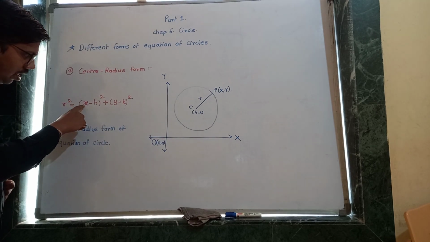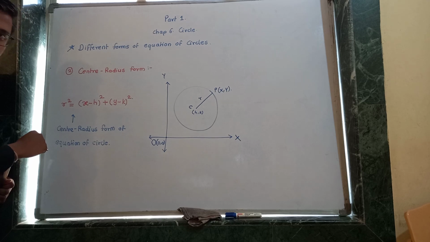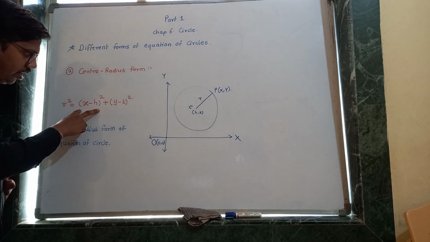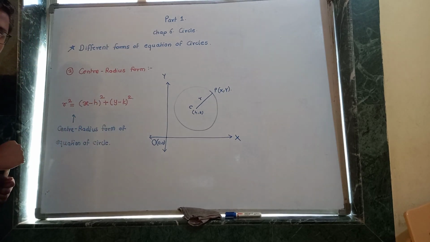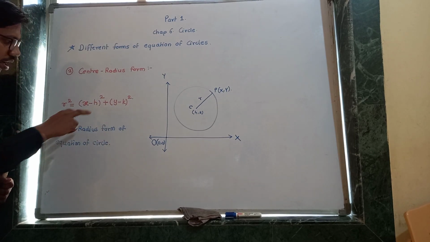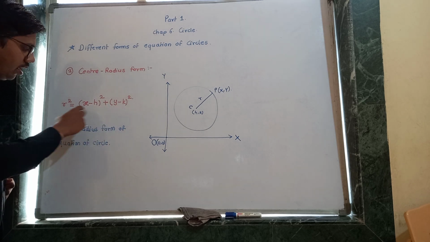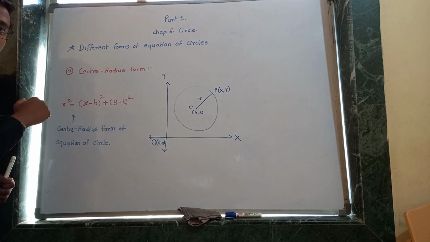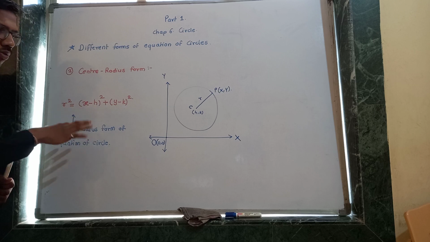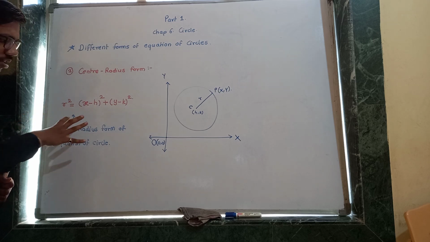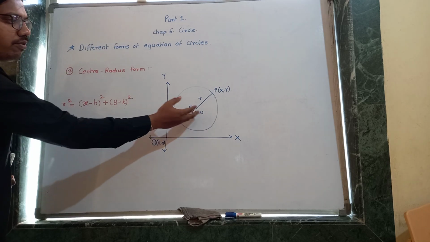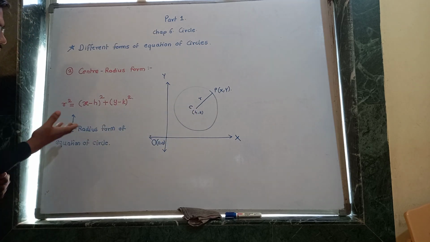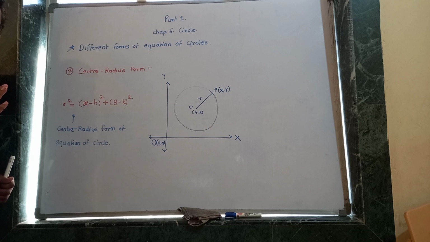So x minus 0 will be x, so here you will get x square, and similarly over here we will get y square. So again the formula will be x square plus y square is equal to r square, which is the standard form. That means the formula doesn't give you a wrong answer. It is just for centers other than the origin. If we have some other center, then we are using this form. Okay, understood? Note down this properly.